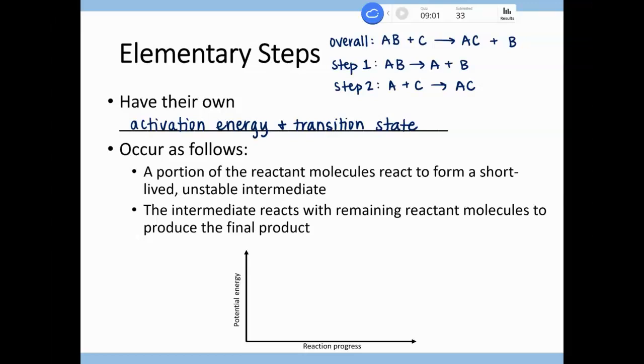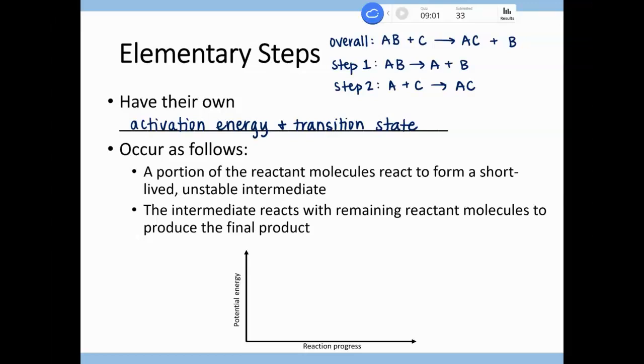So again, this is a general example of an overall reaction that occurs through two elementary steps. It's not always the case that in the first step a bond is broken and in the second step a bond is formed. This is just an example of where two steps create the overall reaction. So when we have elementary steps, a portion of the reactant molecules reacts to form a short-lived unstable intermediate.